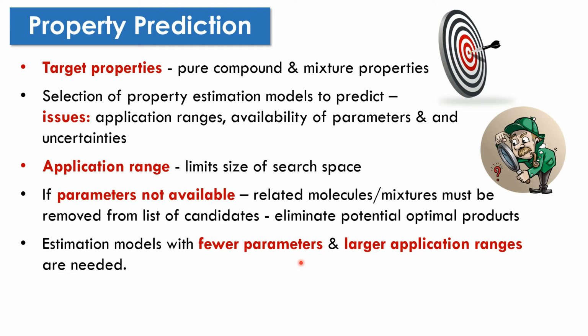If you have more, smaller blocks of Legos, you can build many more different structures, rather than having a big block of Lego. So it would be less compared to when you have smaller parts. So basically we need to have a trade-off in terms of fewer parameters as compared to larger application range.